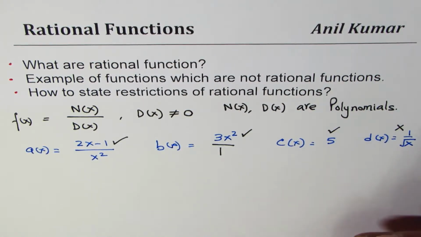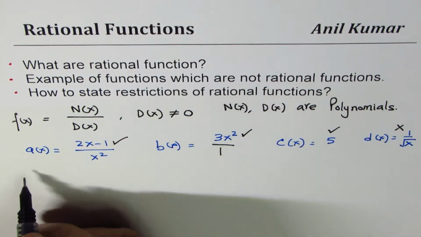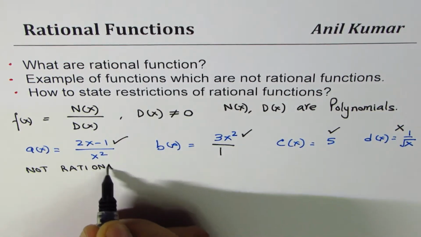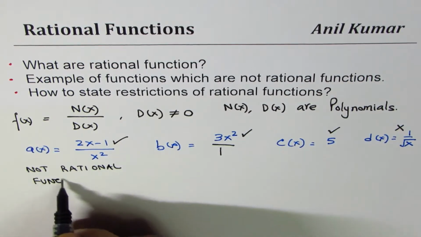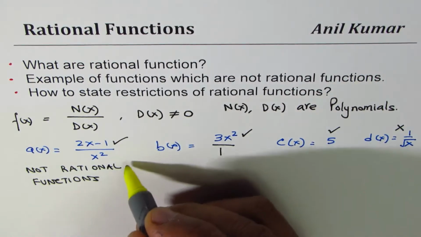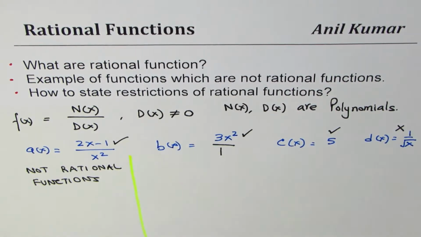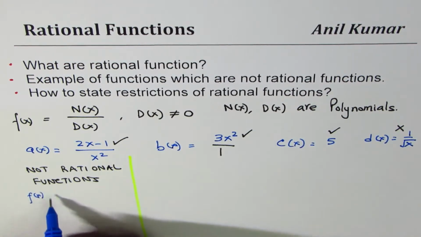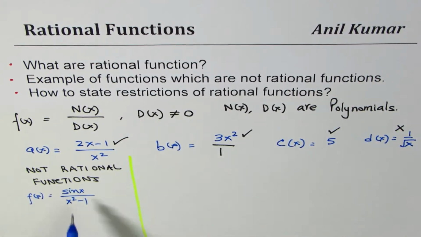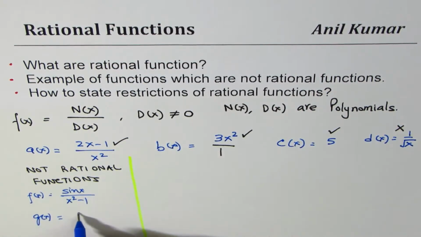Now there could be more examples of not rational functions. Let me write these examples in the box on the left side. For example, I could write f of x equals sine x over x squared minus 1. Now sine x is not a polynomial, right? Or I could write g of x equals 2 to the power of x over, let's say, x.